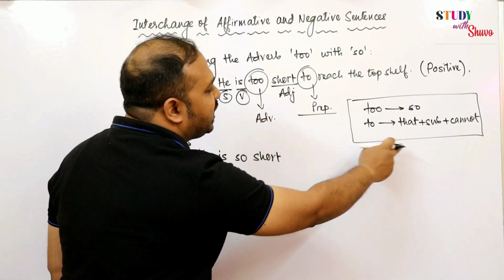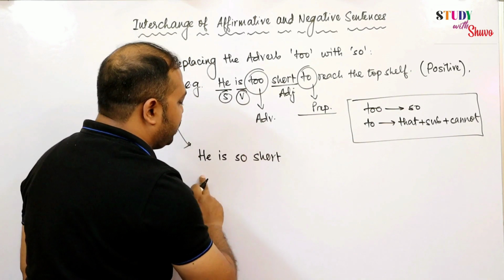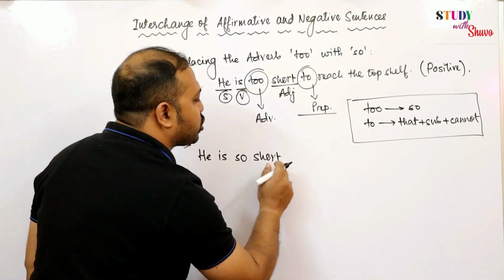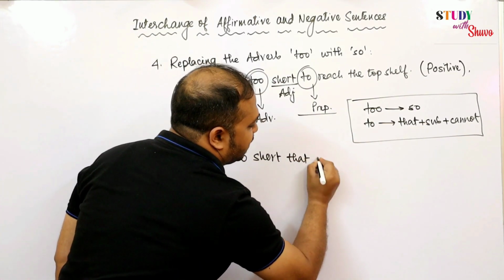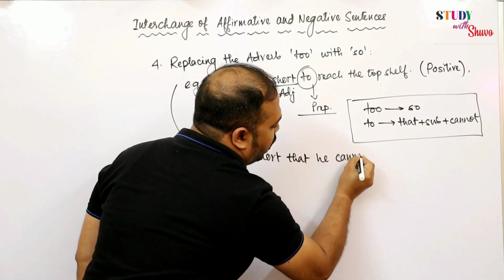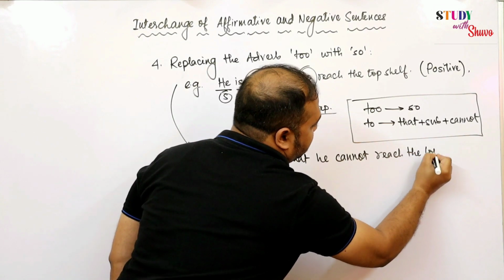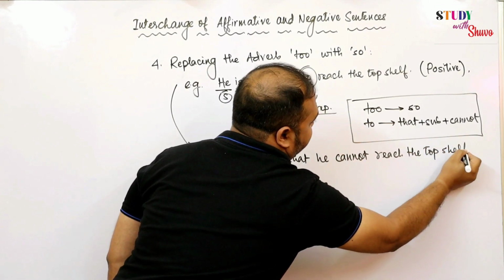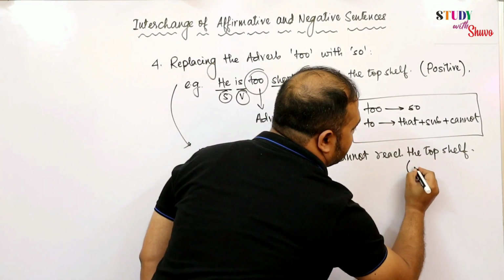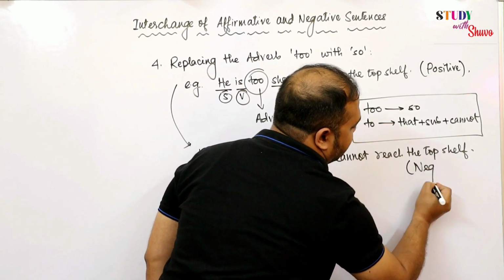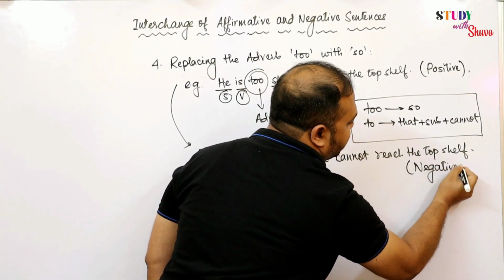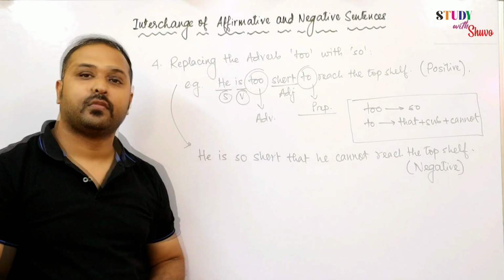In this particular sentence, the subject is he. So we are going to write, he is so short that he cannot reach the top shelf. And in this way, my dear children, we have changed this sentence from positive to negative.